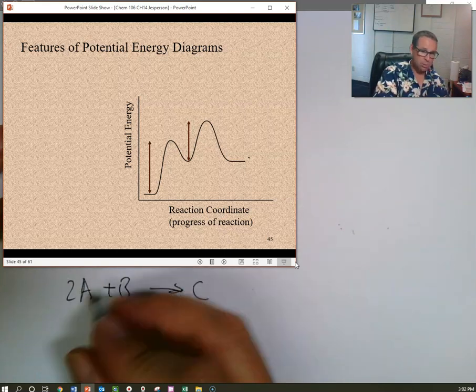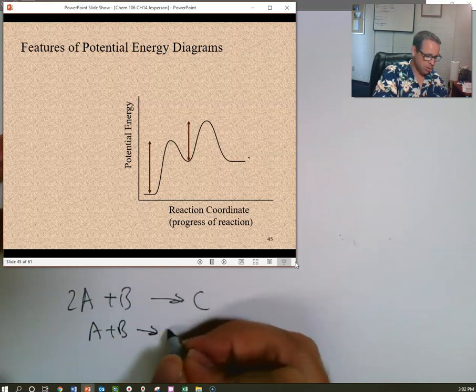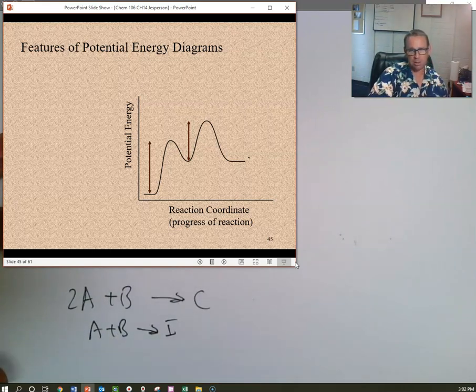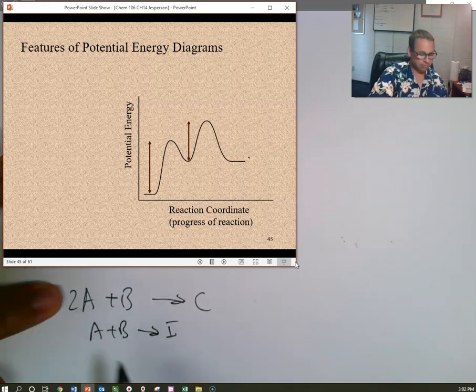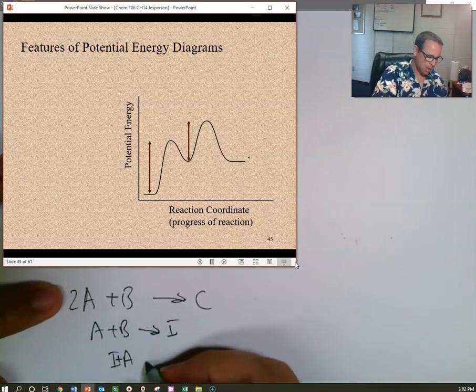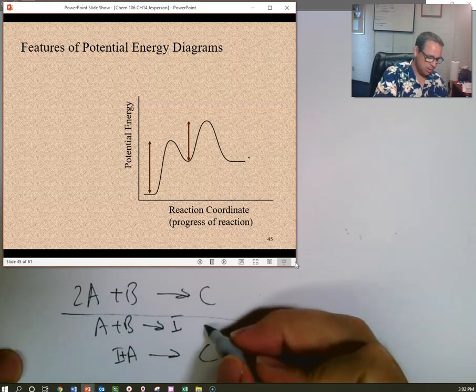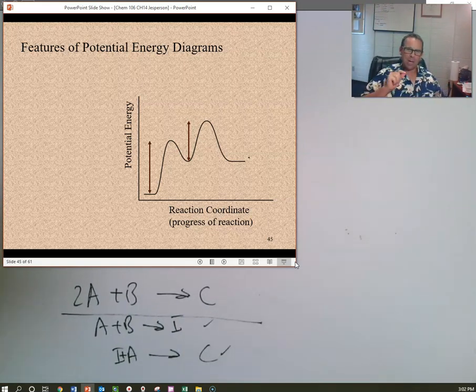Maybe for this process to occur, first A has to combine with B and form some intermediate, I. And then that I will combine with another A, and maybe that will end up forming our C. So these here would be the micro steps along the way.